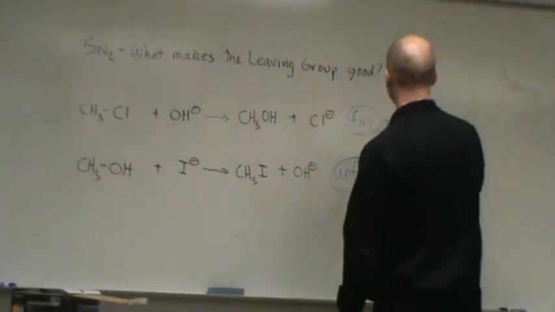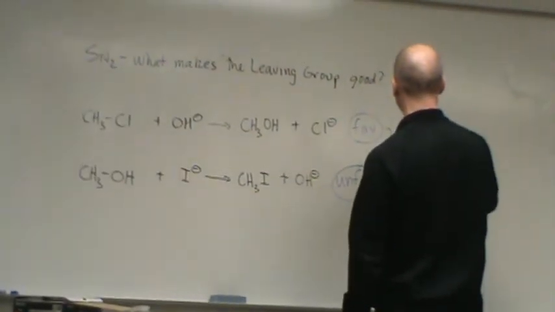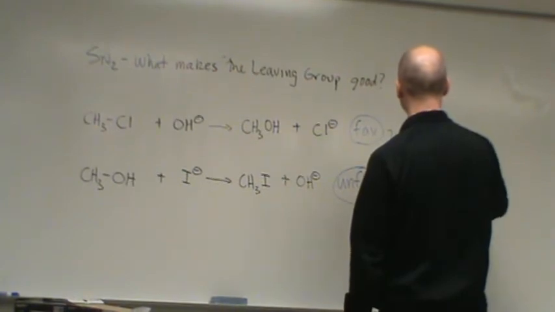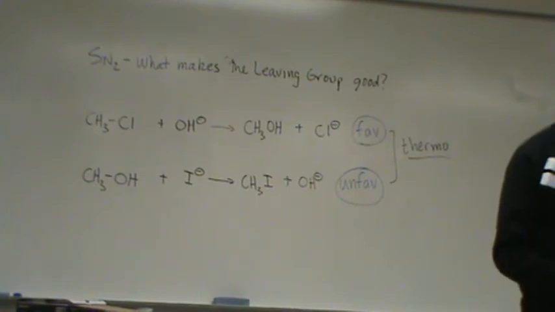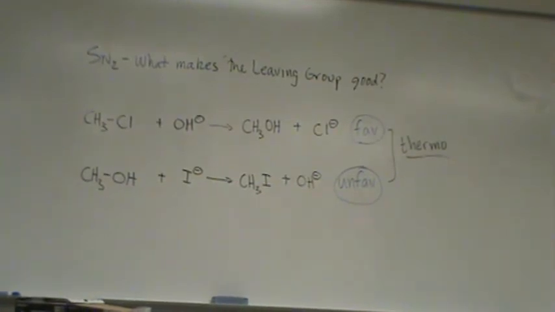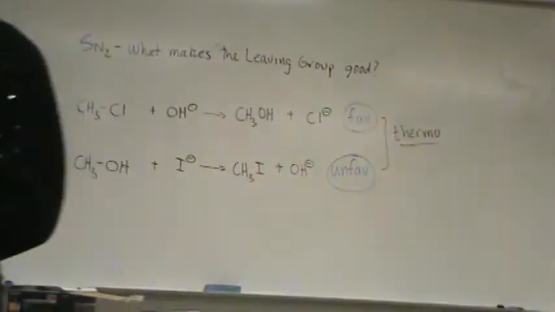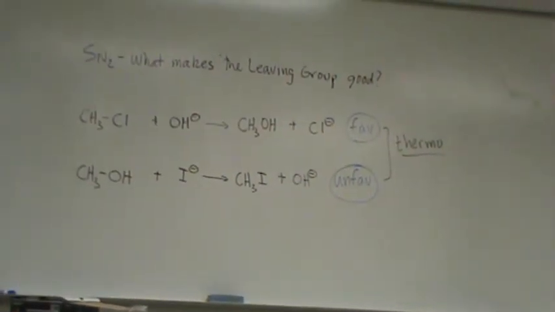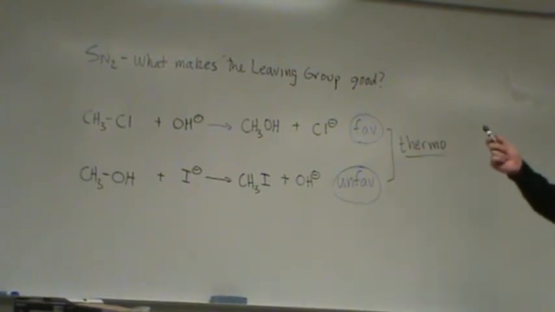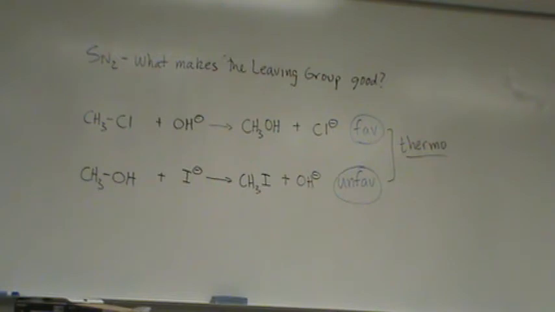So we're looking at the thermodynamics of the reaction to see if it's favorable or not. That's what we want to figure out: how could we have predicted that the top one was good, but the bottom one was bad?